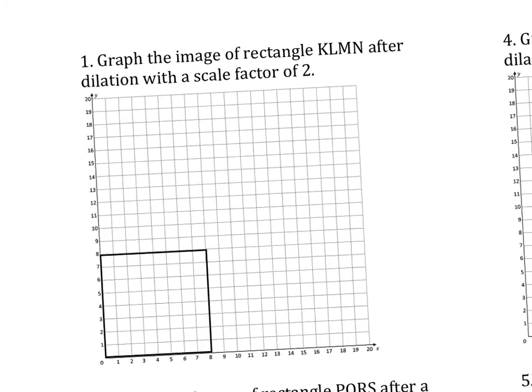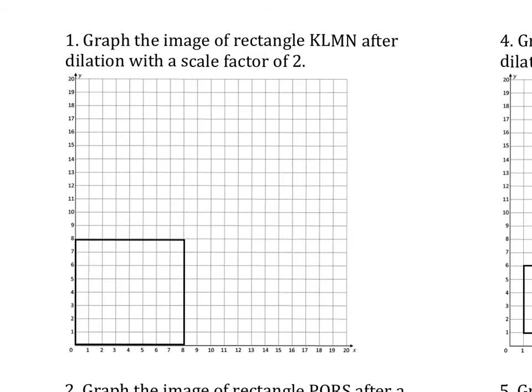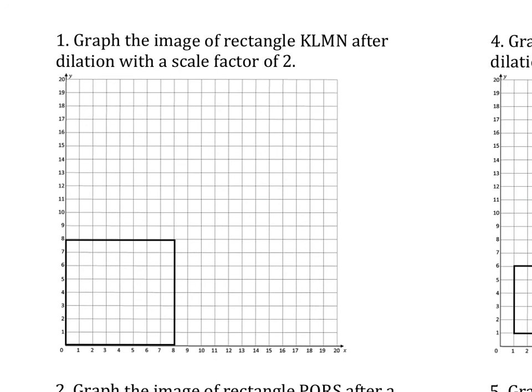Okay, well this part we are graphing images of the rectangle after a dilation with a scale factor of 2. So when we see scale factor, and it says 2, you want to think of the fraction 2 over 1. That means we have to multiply the lengths of each side by 2 over 1. So how long is the first side?